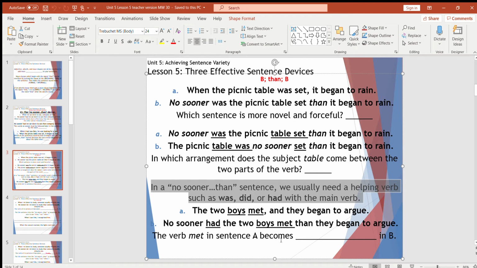So "the 2 boys met, and they began to argue" versus "no sooner had the 2 boys met than they began to argue." So the verb met in A, when we changed it into the no sooner than format, we'll notice the verb became what instead? It became had met, right? So it needs that helping verb.